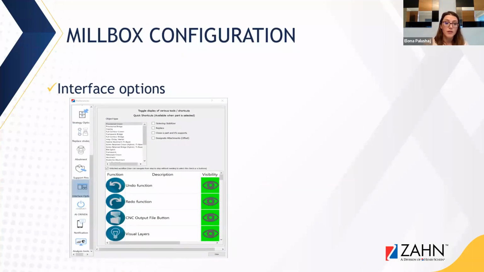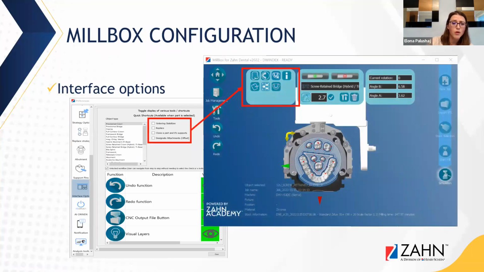Interface options. In the same configuration menu, on the left side, you will see interface options. There's a couple of things that can be done here. One is you can turn on options to show up in your tools menu on the top, in the middle of the case. Any one of these, if you select them, will show up here.